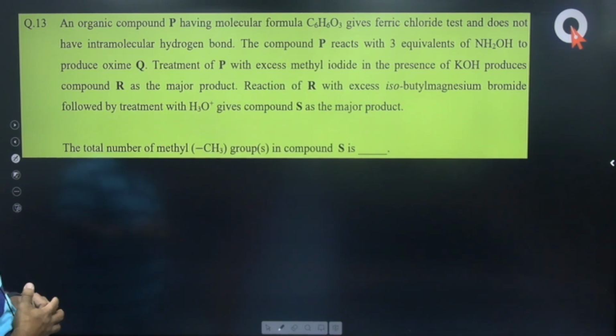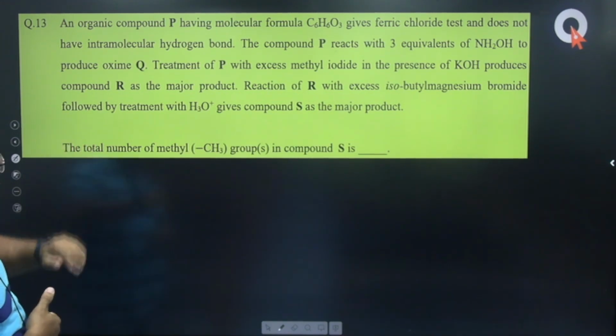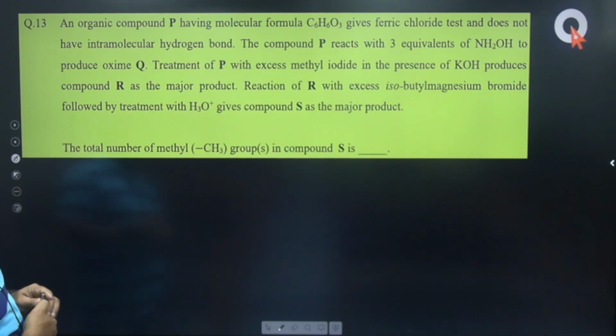Then compound P reacts with 3 equivalents of hydroxylamine to form oxime. Then treatment of P with excess of methyl iodide in presence of KOH produces compound R as the major product. Then the reaction of R with excess of isobutyl magnesium bromide and treatment with H3O+ will form S. Then what is the number of methyl groups that exist?